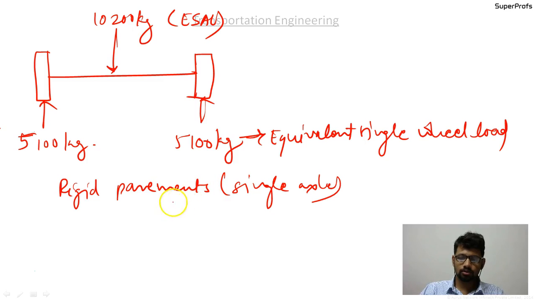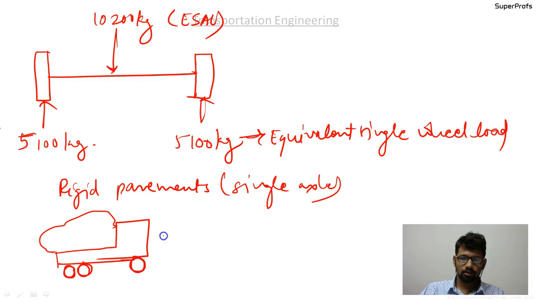So what is a single axle? Suppose there is a truck like this. There will be a front axle here, and one or two axles here, and it will be loaded like this. This is the single axle. If there are two axles like this, then it is called the tandem axle.